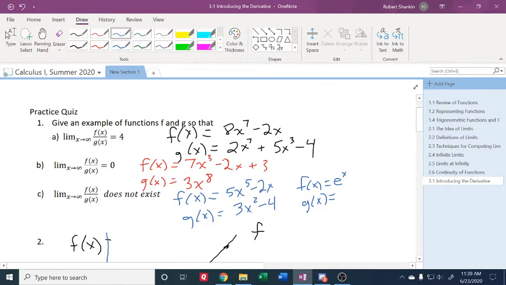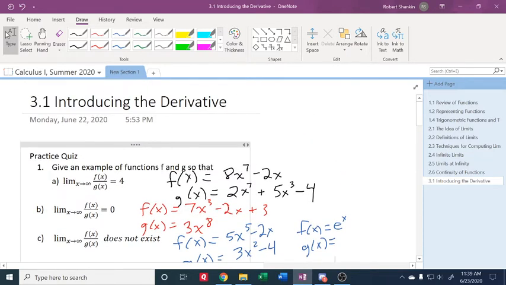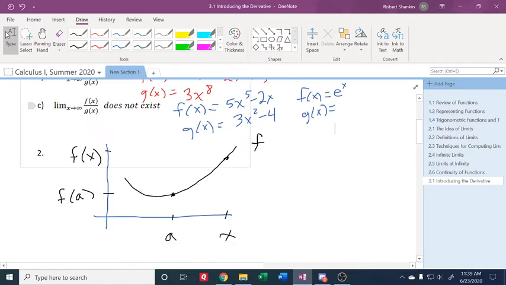But typically, when we have fractions, a function over a function, our preferred functions are polynomials, simple polynomials, and then we look at the asymptotes and all that stuff of those.